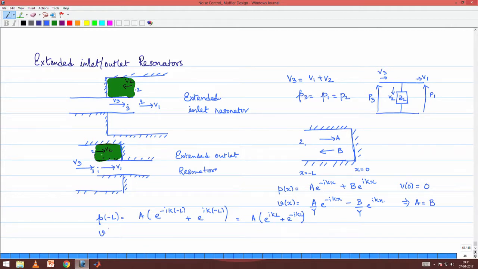Similarly, velocity at the very same point, which is the point 2, is denoted as A by Y e to the power minus i k, instead of x I have to put minus L; minus B need not be considered because B is same as A, e to the power i k (minus L).